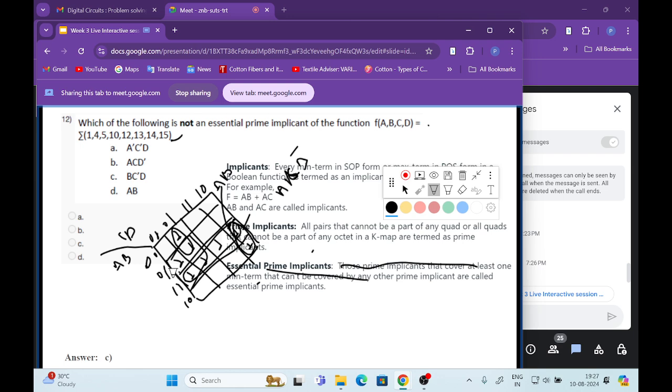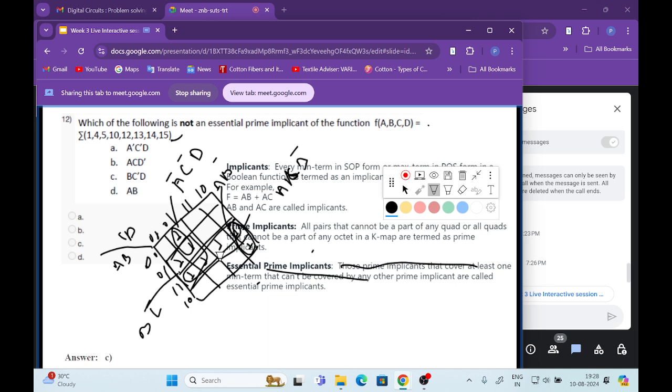And for this, what can we write? B C bar. And for this, A bar C D. Okay. So just check with the options: A bar C bar D is there, and AB is also there, and this one is BC. So BC is not in the options, and A C D bar also is there.